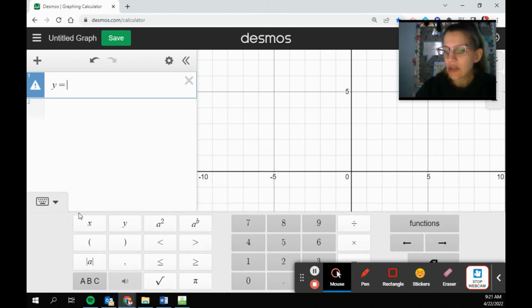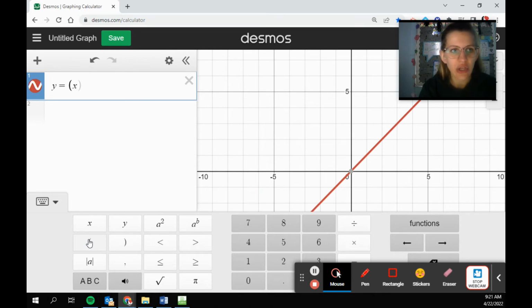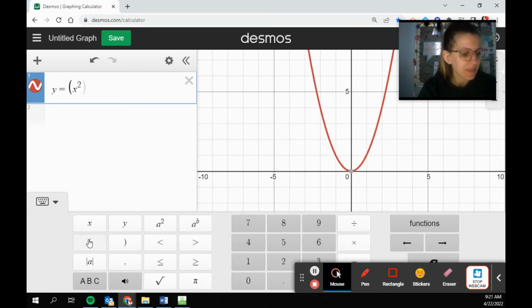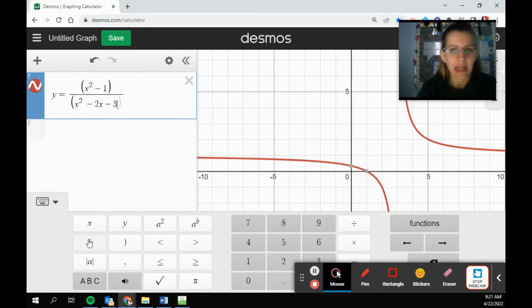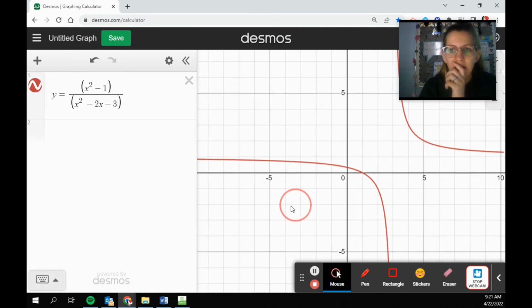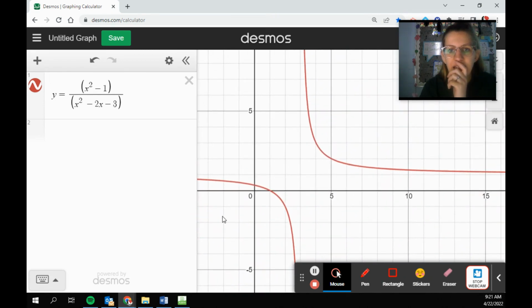Now, because your numerator and denominator have multiple terms, I would use parentheses just to be safe. So like x squared minus 1 was on top, and then we're going to divide that by our x squared minus 2x minus 3 on bottom. So we totally get a very nice looking graph.